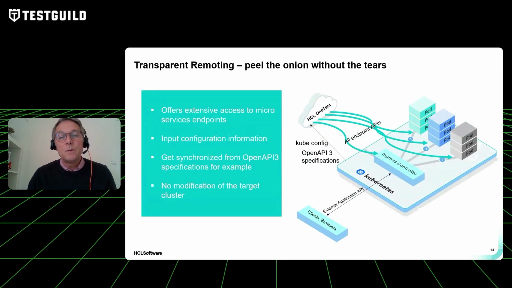Transparent remoting allows the user to provide the Kubernetes configuration to OneTest API such that it can then address individual services directly in the cluster. So now, rather than going through this gateway, rather than going through this controller, you can interact directly with the services, ignoring any intermediary service that would normally be there if the user is standing outside.